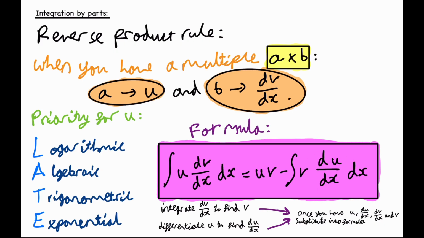And if you make one of your functions dv over dx, you would integrate it to find v, so you can substitute it in the final formula as well.